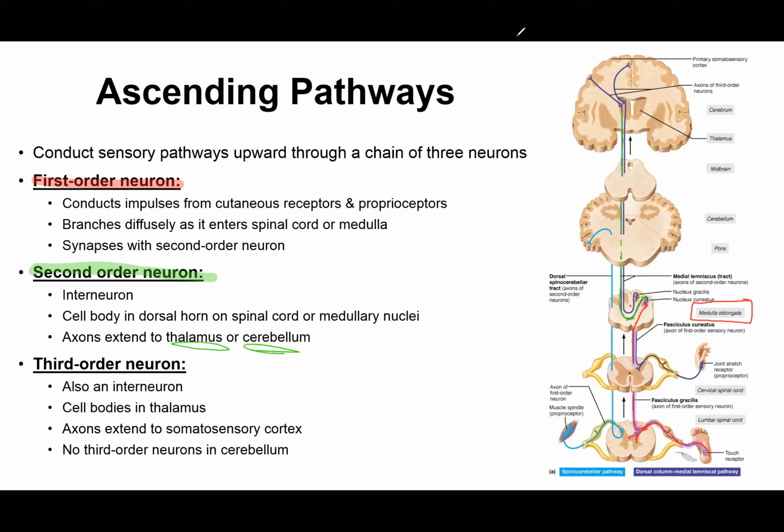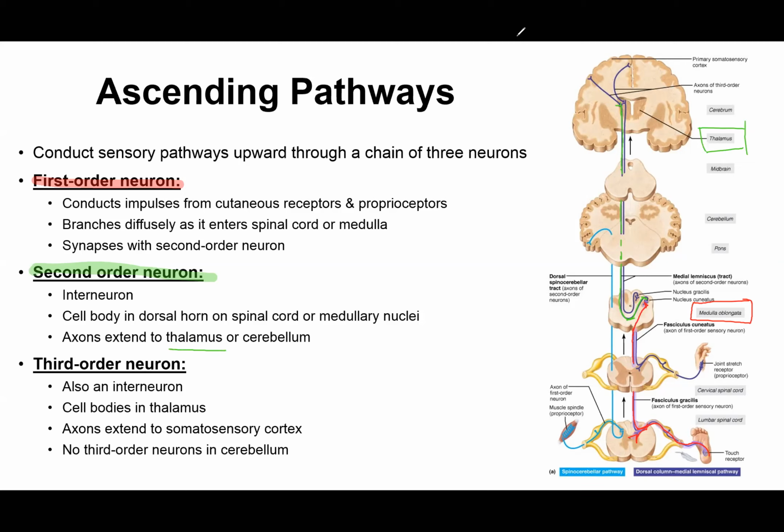It just depends on which pathway we're talking about, but it's going to synapse in either one of those locations. So in our example, we are seeing that it synapses in the thalamus. Okay, so here's the synapse.